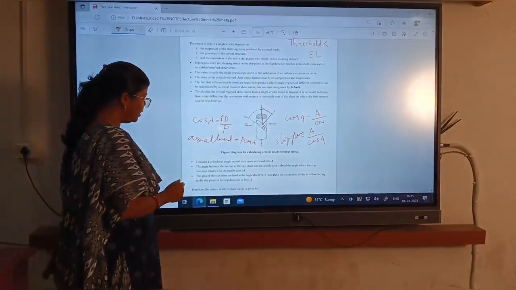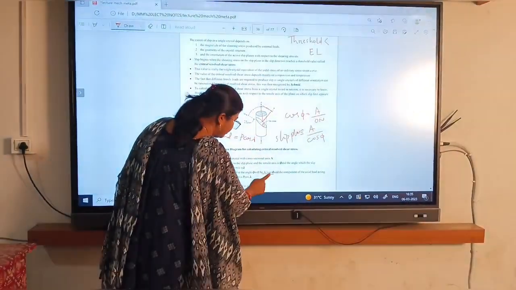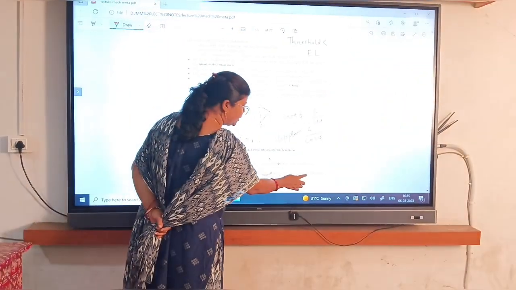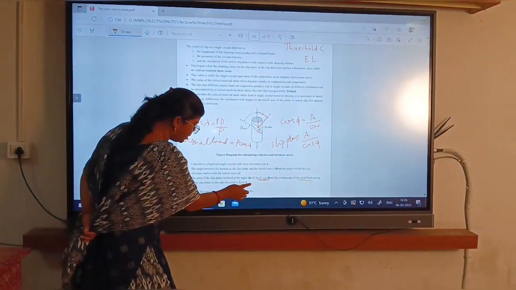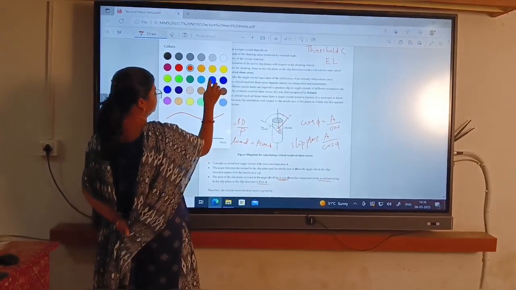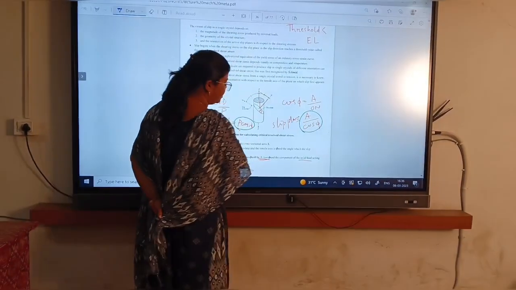So here it is written that A by cos phi is the slip plane inclined at an angle, and the axial load is P cos lambda, which we have found out from here and here.